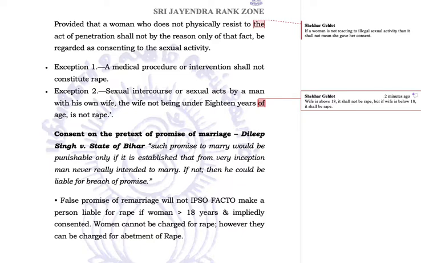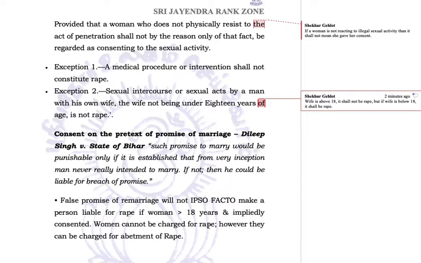He was playing this trick that I will marry you later, and later now he says I won't marry you. Then it will be rape. But if there was no such promise, and two adults enter into a relationship together, and later on they are having a fallout, it won't be a rape. False promise of marriage will not ipso facto make a person liable for rape if woman is above 18 years and impliedly consented.